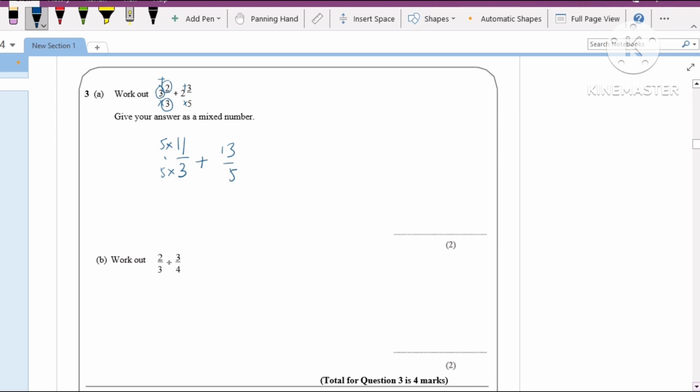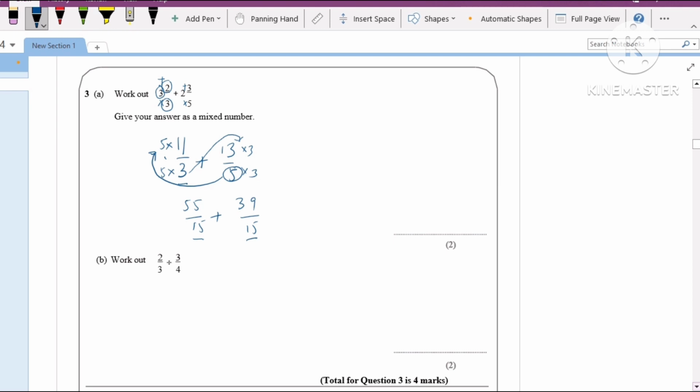Here the denominator is 3, you will multiply these two numbers by 3. Here the denominator is 5, you will multiply these two numbers by 5. So this becomes 11 5s are 55, 5 3s are 15, plus 13 3s are 39, plus 5 3s are 15. So basically this was our target, to write the denominators as an equal number.